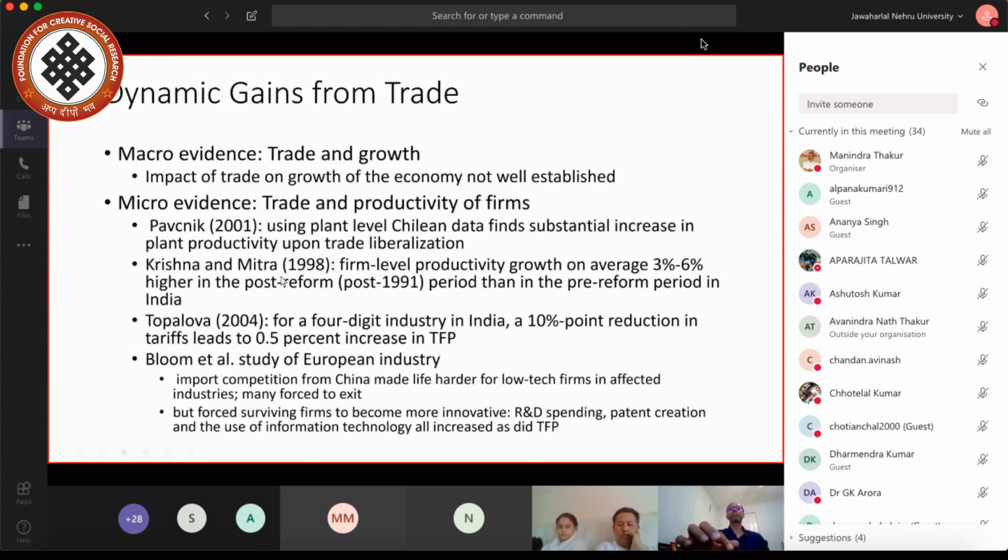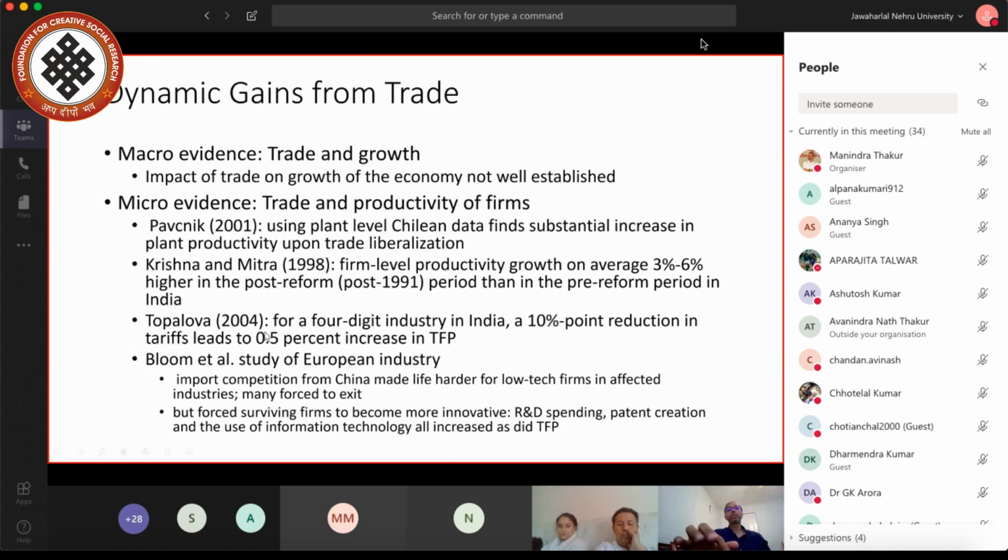One is by Pravin Krishna and Devashish Mitra, and they find that in the post-reform period, firm productivity increased significantly. So in the post-91 period, when India liberalized its trade, reduced its tariffs and so on, they find that firm productivity growth on average was 3 to 6% higher than in the pre-reform period.